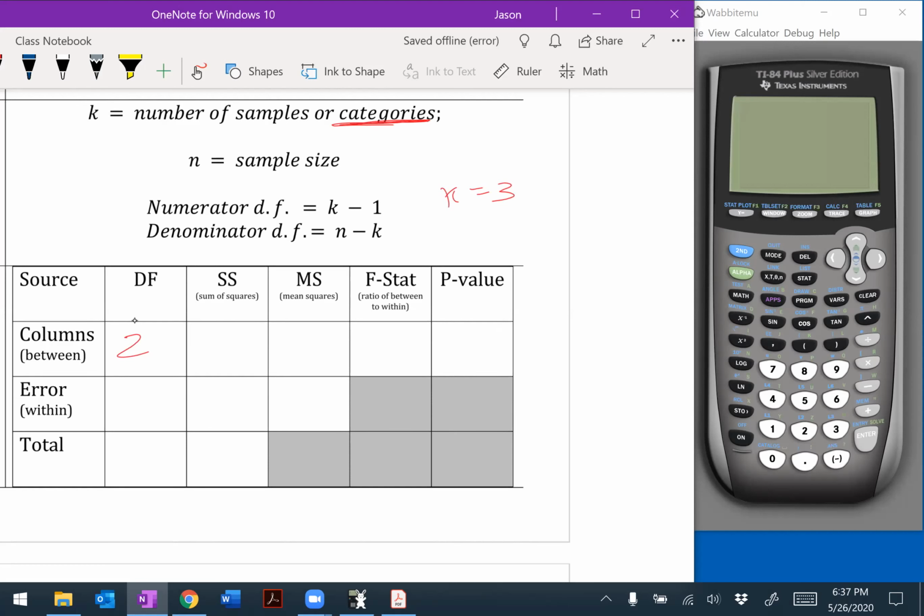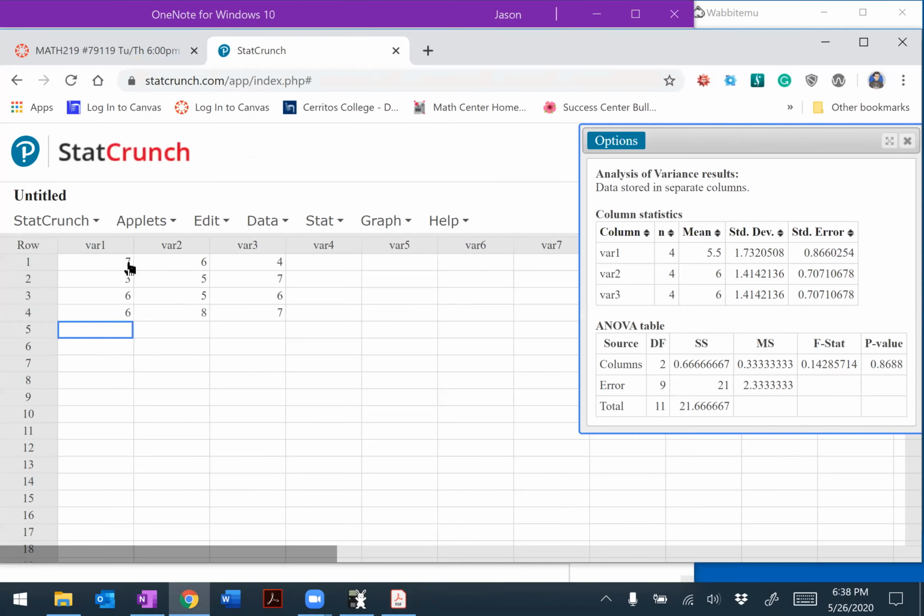Okay, N is the sample size. How many were in the total sample? The total that's in the sample is the total values in all three columns. If I go back to the data here, how many pieces of data do I have total?